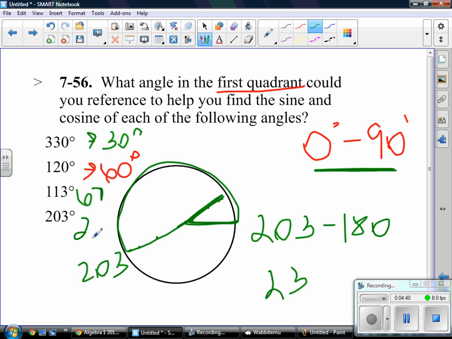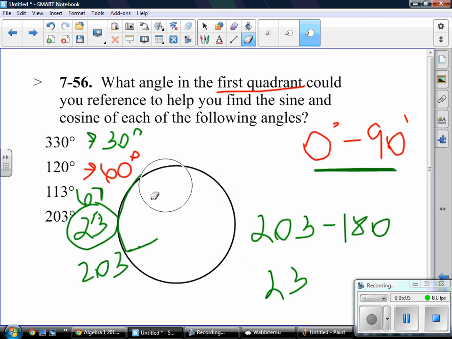Okay? So I'm relating these angles to 180 degrees to compare. Now if I was given an angle like the first one, the 330 degrees, where I was all the way in the fourth quadrant, that's when I'm going to use 360. When I'm in the other two quadrants, in the second and in the third, when I'm over on the left side of my circle, that's when I'm going to be comparing my numbers to 180.